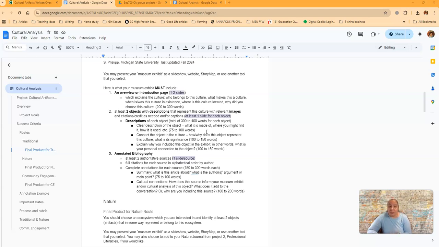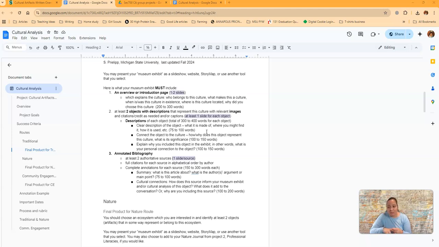And then the third piece of this assignment is to have that annotated bibliography, which we will go over more in class, but you should start finding your research for that. You should start looking for those two sources. I highly recommend that one of your sources is directly related to your culture, and then your second source might be about your culture still, or it might even be about a specific object.